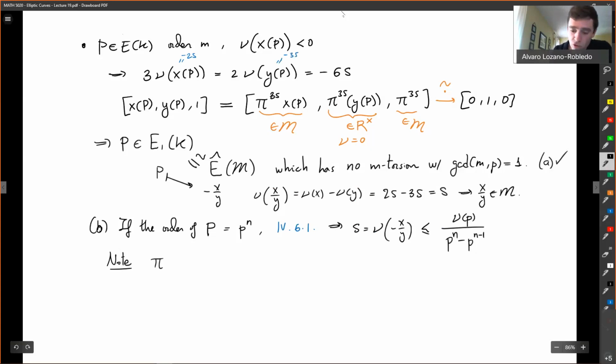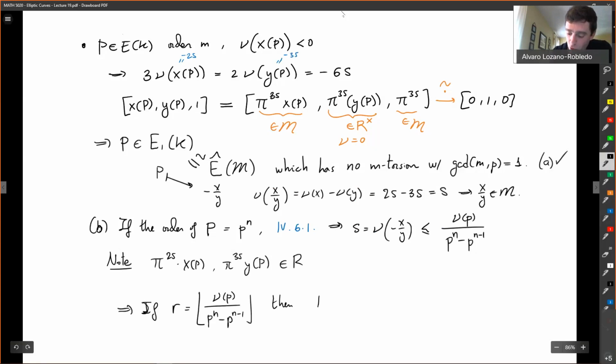So pi to the 2s times x of p and pi to the 3s y of p are integral, and therefore if we put r to be the greatest integer below this fraction, then it is also always true that pi to the 2r x of p, pi to the 3r y of p, those are also integral as claimed.